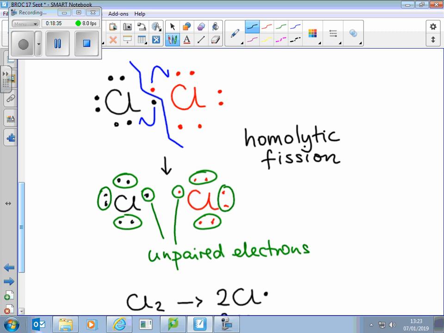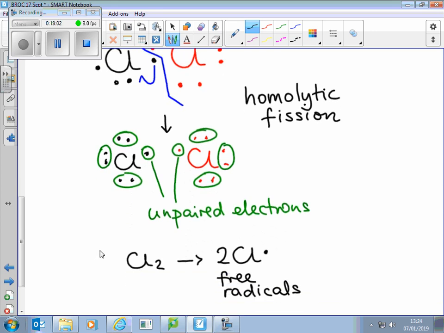Hydrolysis involves water, yeah? And is actually more complicated than we give it credit for. But this is just introducing the blue arrows up there being the movement of those single electrons. The process here producing two chlorine radicals.